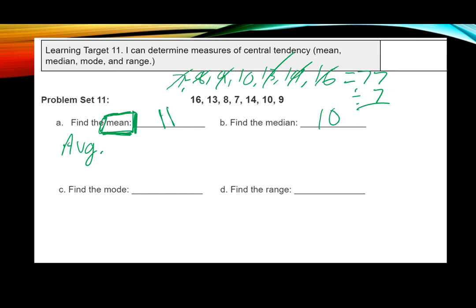Find the mode. That's the number that we see the most. We do not see a number here more than once, so not applicable. Find the range. That's going to be the largest number minus the smallest number, so 16 minus 7. Cool. That was nice and quick.